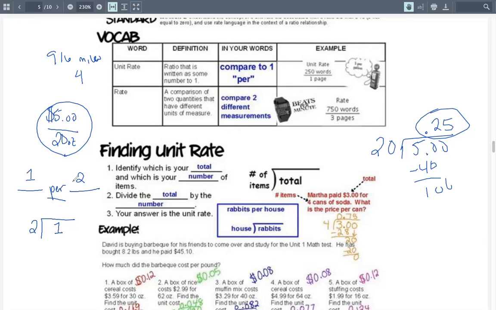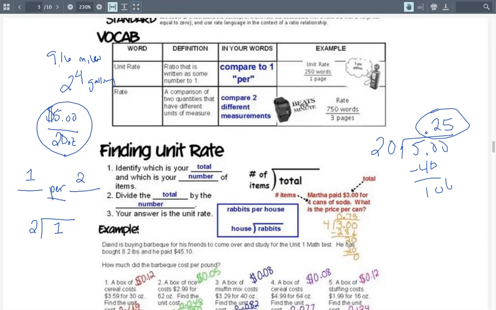If it asks me for miles per hour, that means I need to divide those miles by that hour. Or it says I only used 24 gallons of gas on that trip, right? That means I need to divide to get the miles per gallon, right? I need to figure out what my mileage was, what my miles per gallon rate was, right? This is how we do unit rates.